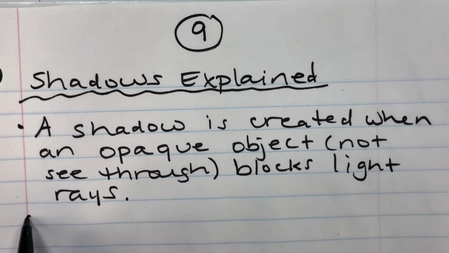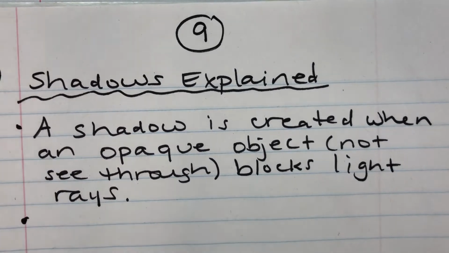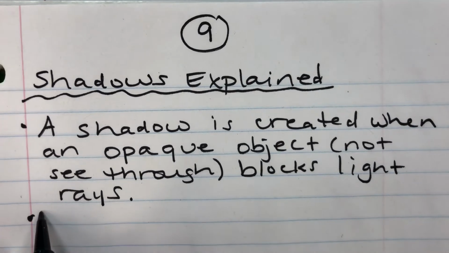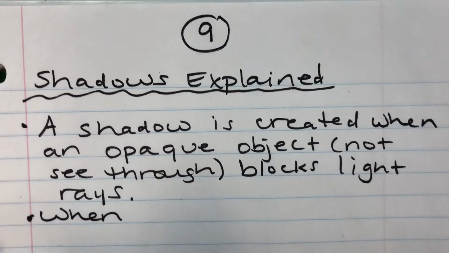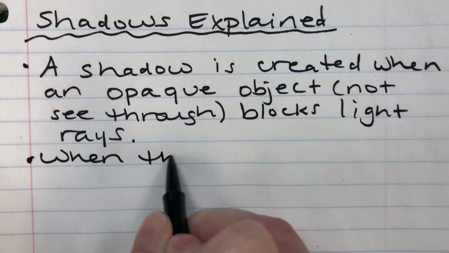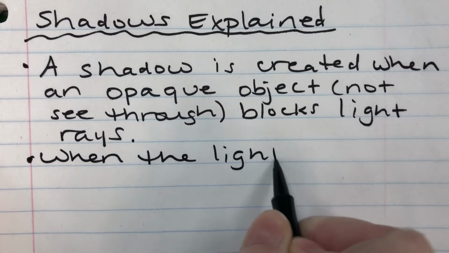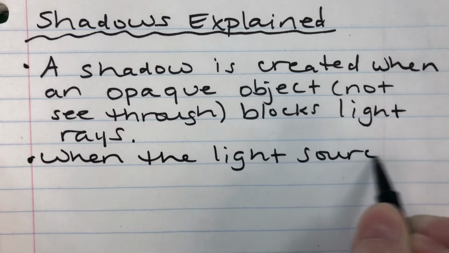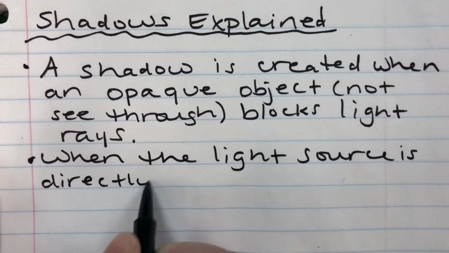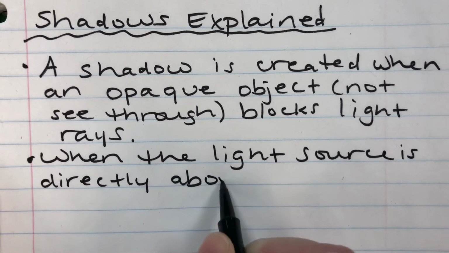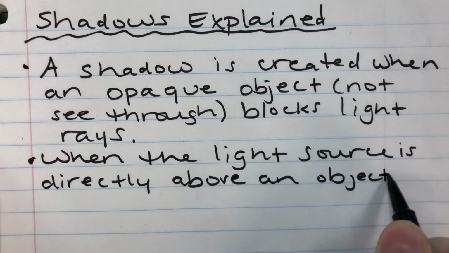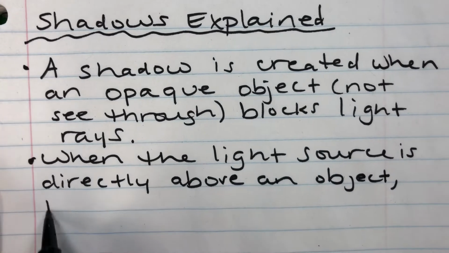Okay, so when the light source is directly above an object, the shadow is going to be short. We're going to draw a little diagram of that soon. So when the light source is directly above an object, the shadow will be short.